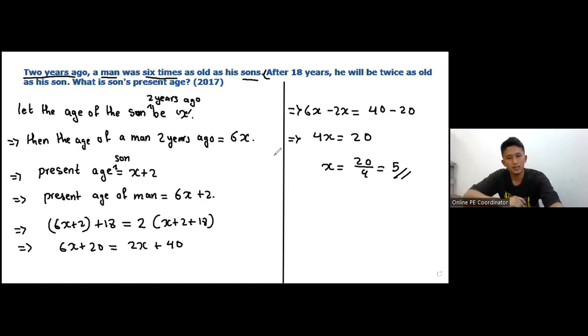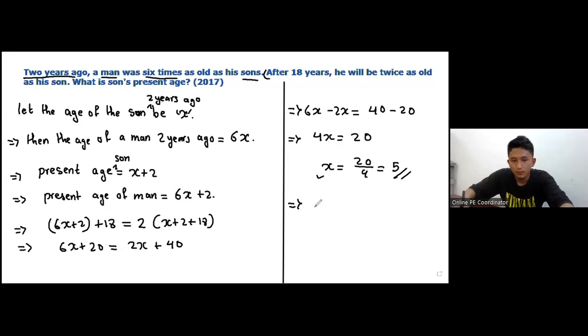So are we done with the answer? No, we are not done with the answer. x is the age of the son 2 years ago, but the question is asking us to find the son's present age. We know that the present age of the son is x plus 2. Let me write it.